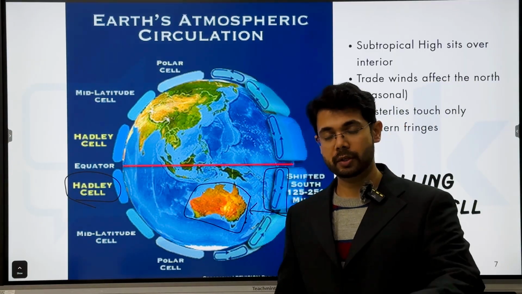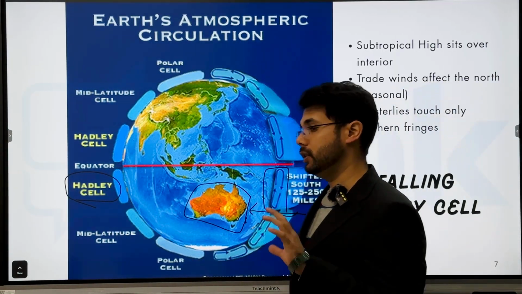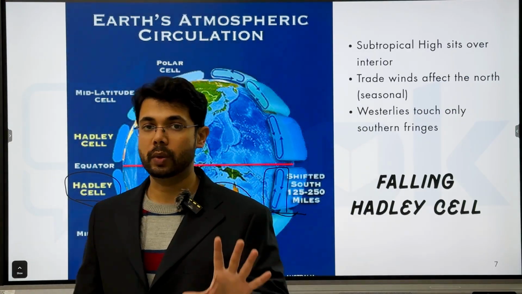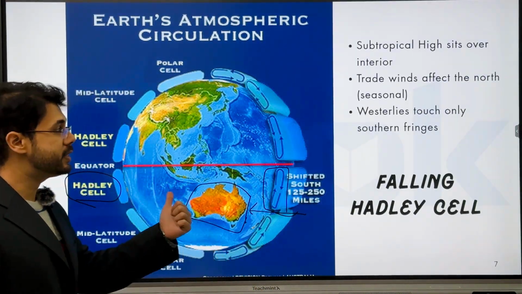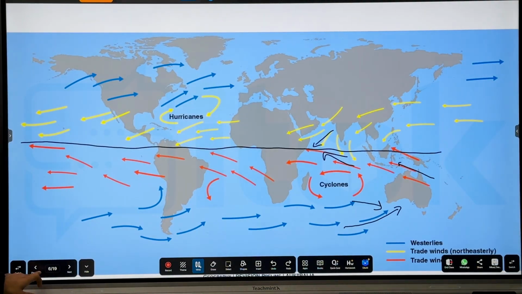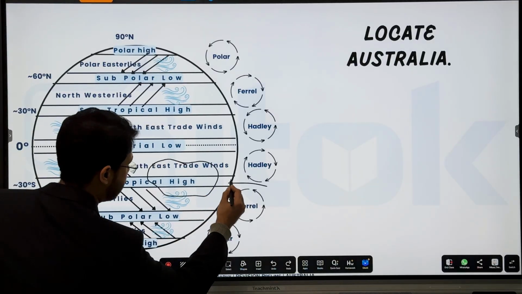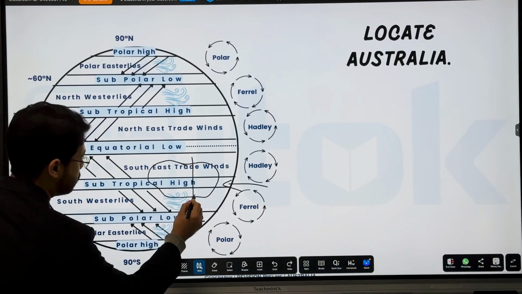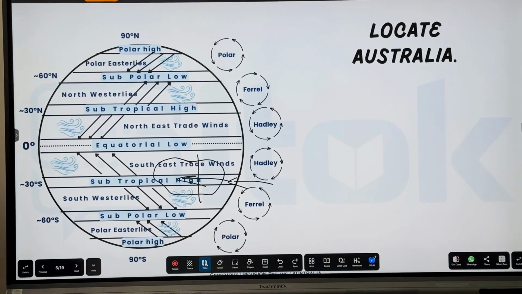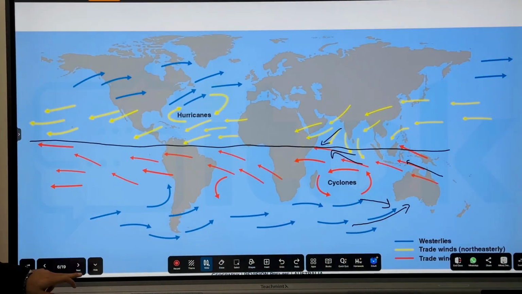When there is high pressure on the ground, it will not rain, and that is what is happening here, between 30 to 35 degrees north and south of the equator. Over here, it is south of the equator. See, this is the Hadley cell, falling smack in the middle of Australia. So it is an extremely high pressure subtropical region.